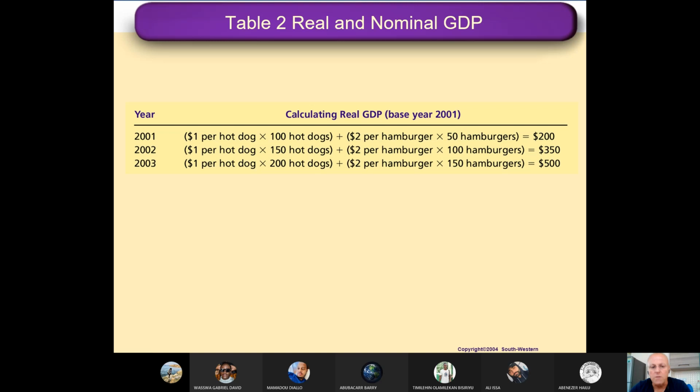Now you are going to calculate 2002, but with the base year 2001 numbers, so the price is not changed. You accept the same price again to be able to compare the exact development in the economy. As you see now, you multiply the $1 per hot dog with 150, which is only 50 more hot dogs in the economy, and multiply the $2 per hamburger with 100 hamburgers, which then gives you 350.